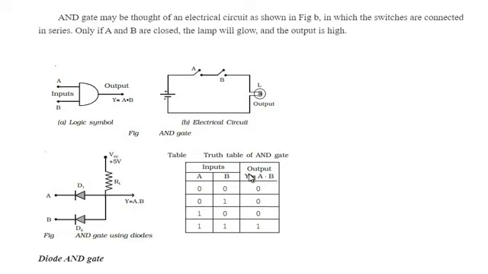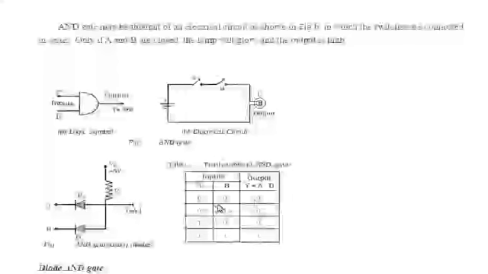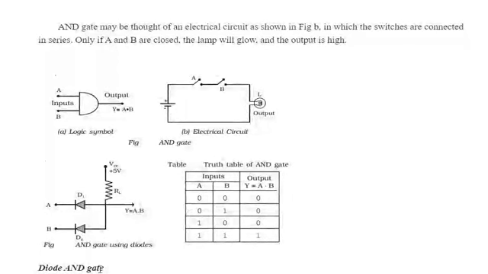In this way, this truth table summarizes the function of AND gate. Is that clear? So remember students, logic of AND gate, truth table of AND gate, symbol of AND gate, and this electrical circuit. Students, all of you have to remember that this diode AND gate circuit is not compulsory to write in your notes.